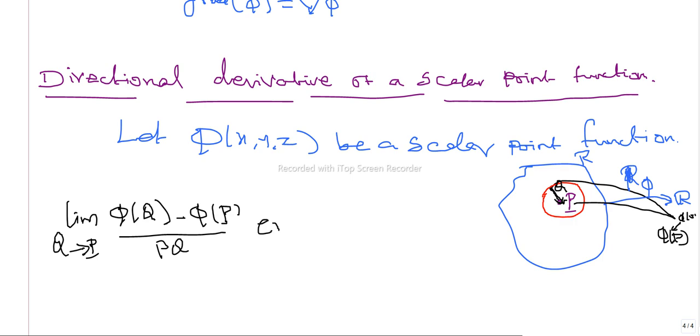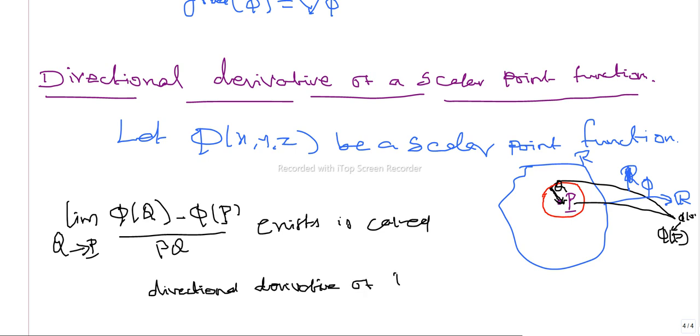If the limit exists, then this value is called the directional derivative of π at the point P in the direction of some vector A. So maybe this Q approaches P in the direction of A.